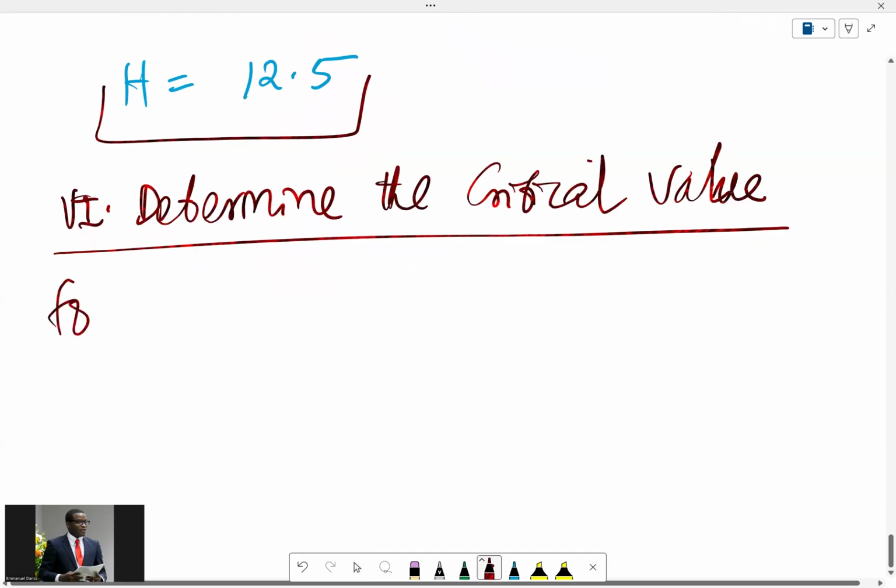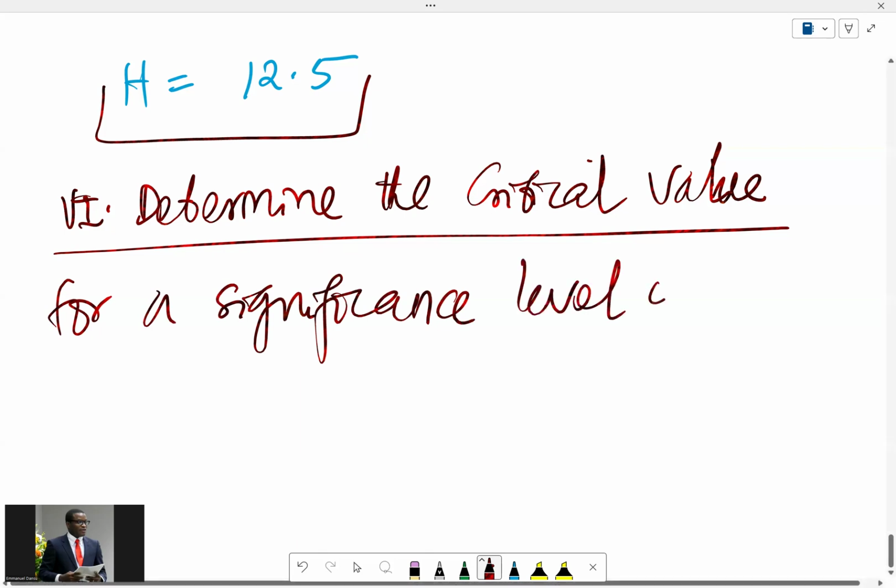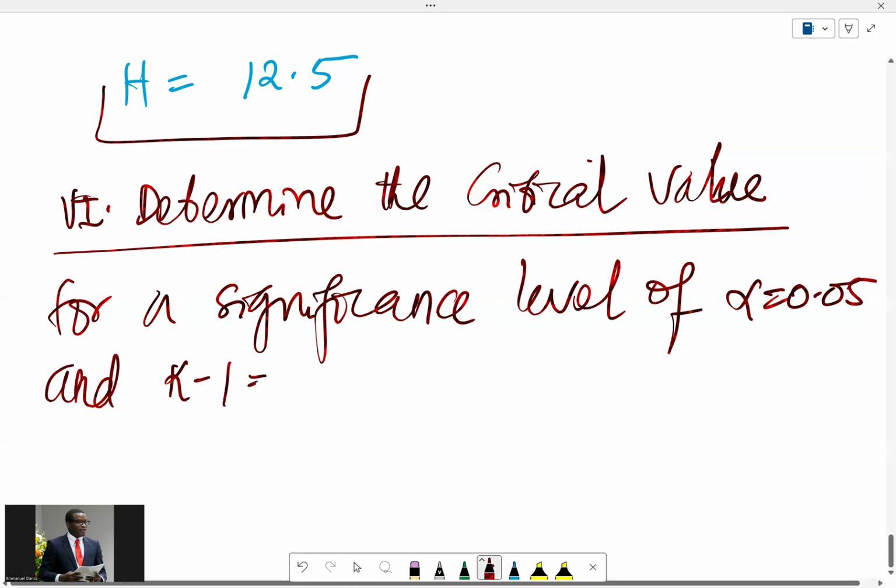So for a significance level of alpha equals 0.05 and k minus 1, which is equal to 3 minus 1. There are three groups, that's the k here now. So that's 3 minus 1 equals 2.